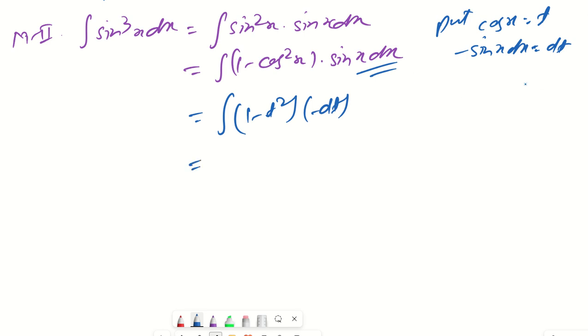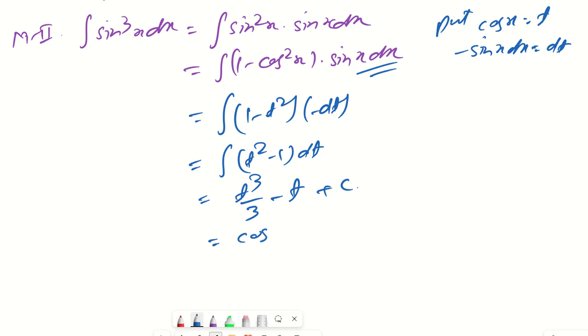Now we have very easily, it can be written as t square minus 1 dt, that can be written as t to the power 3 by 3 minus t plus some constant c. Now we can place t equal to cos x back, so it can become as cos cube x by 3 minus cos x plus some constant c.